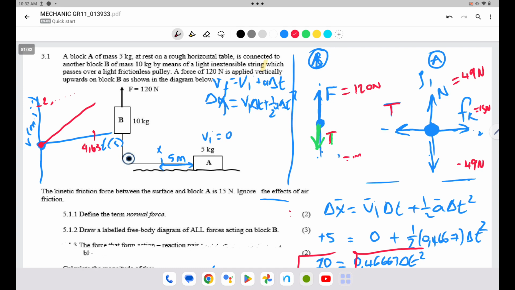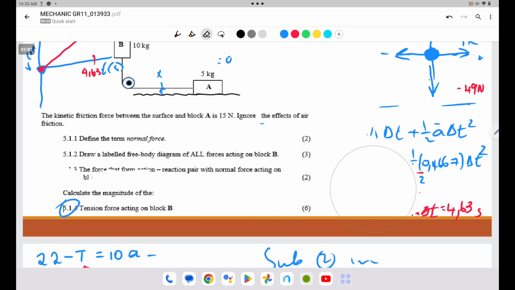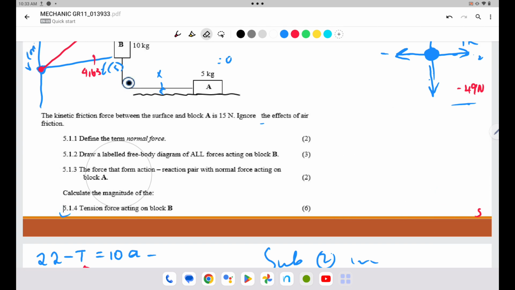And we can play around with this question as much as possible. Let us say the string breaks, for example. Let us consider that case. Assume the string breaks. I have hidden this question here because we haven't spoken about Newton's third law.